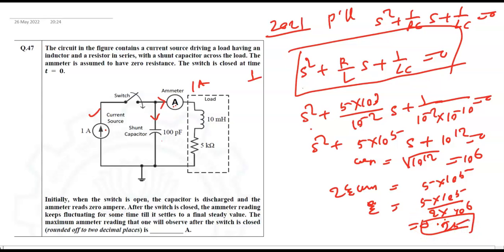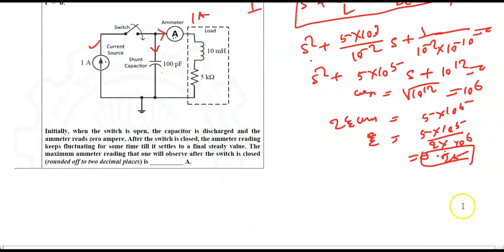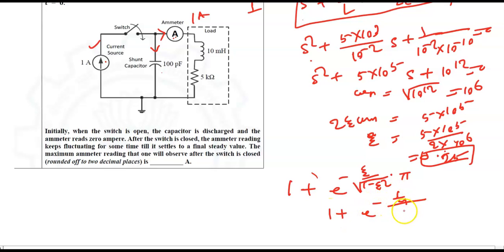Now once you have found zeta, you can find out the peak value. The peak value is equal to 1 plus e to the power minus zeta pi upon square root of 1 minus zeta square. So 1 plus e to the power minus (1 upon 4) pi upon square root of 1 minus 1 upon 16.